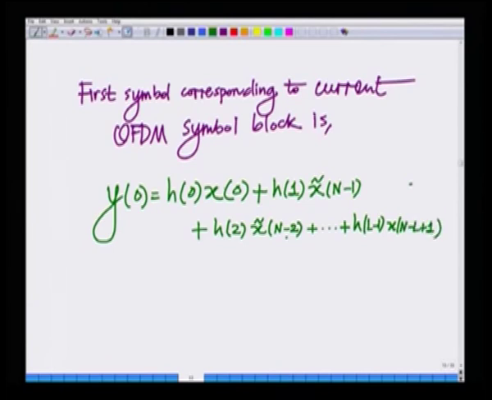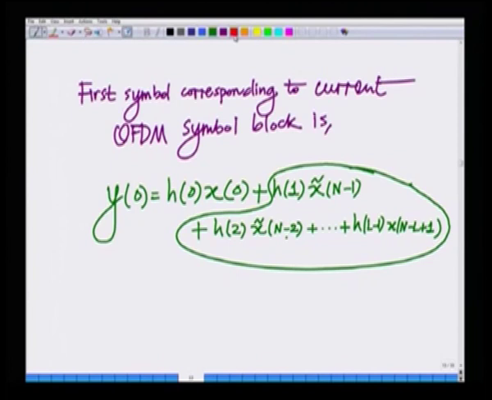In fact, corresponding to the current sample x0 in the current symbol, there is interference from L minus 1 past samples. So, this whole component here, in the circled area, is from the previous OFDM symbol.